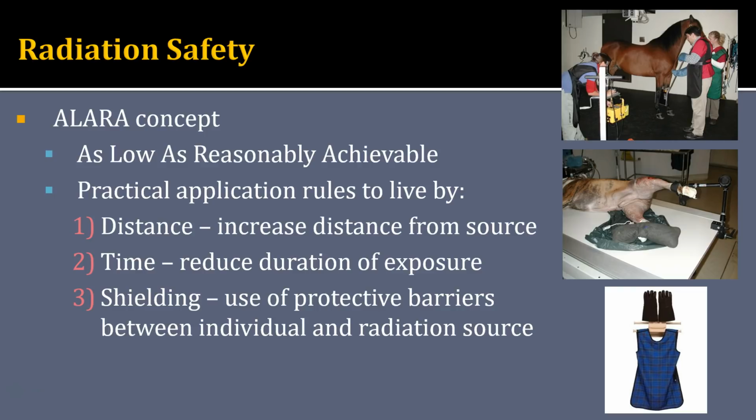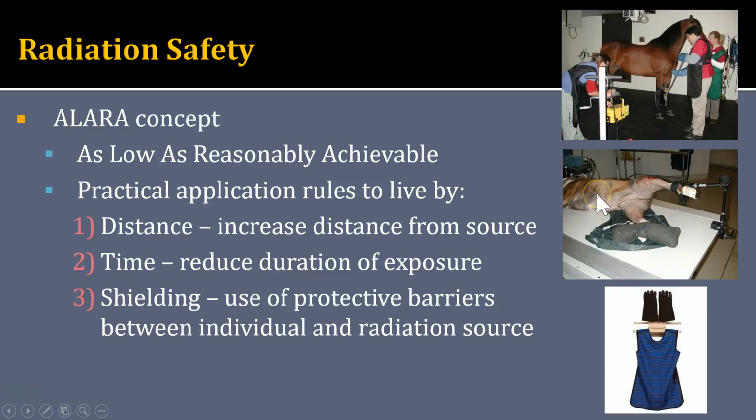The second rule is to remember time and to reduce the duration of exposure. There are a few ways to do that. One, we can reduce the duration of exposure by keeping our seconds, our mAs seconds part, really short, so have a short exposure time. That's good for both the patient and for the personnel. Other ways that we can reduce personnel exposure are ways of positioning the patient without us having to be right nearby and holding.